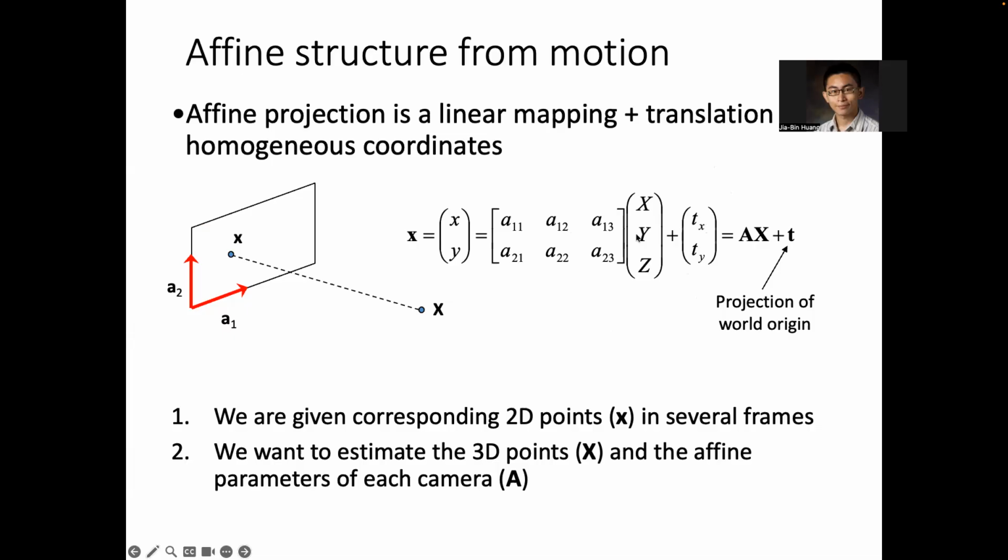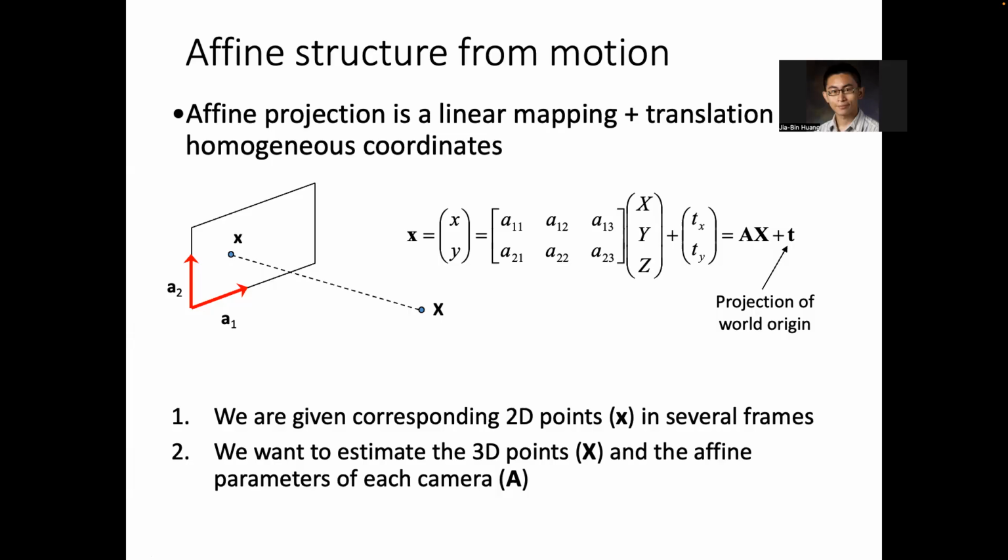So now the problem is the following. I give you a correspondence, 2D points in several frames, right? So I have a bunch of 2D points that get tracked over time. I give you a bunch of different 2D positions over different viewpoints. Now the question is that we want to estimate the 3D points from these 2D point correspondences. I want to know what the locations are in 3D.